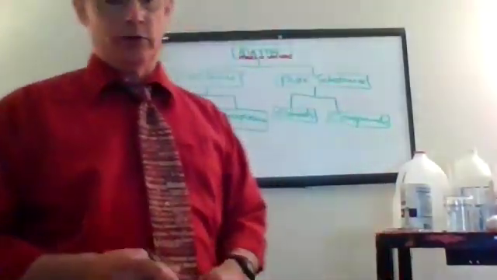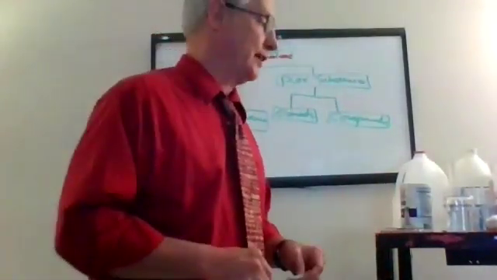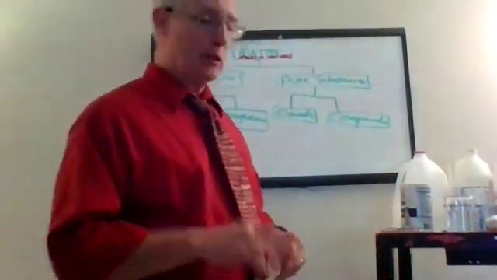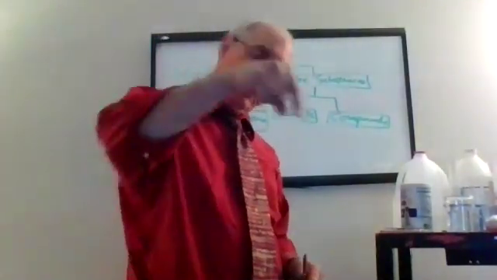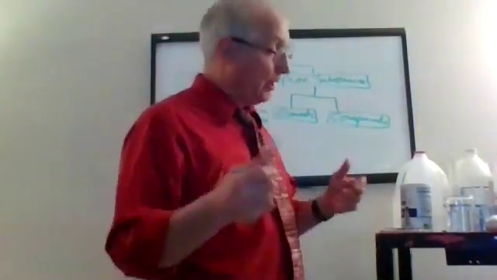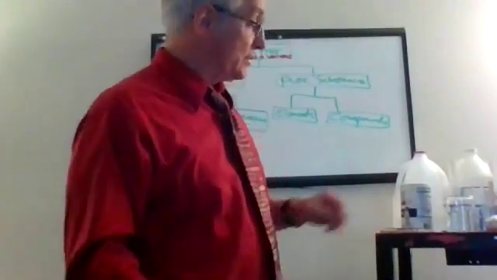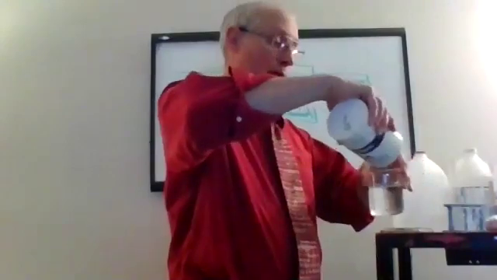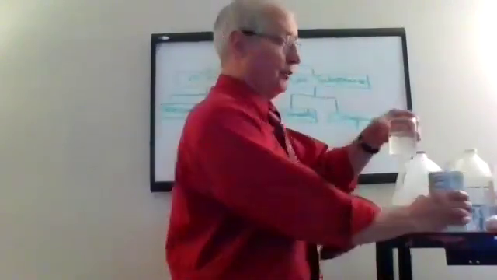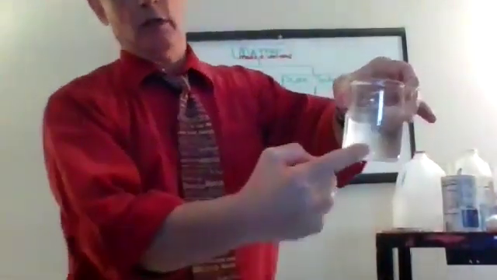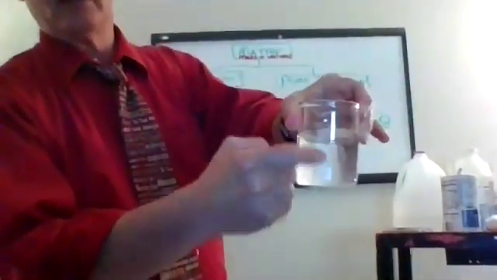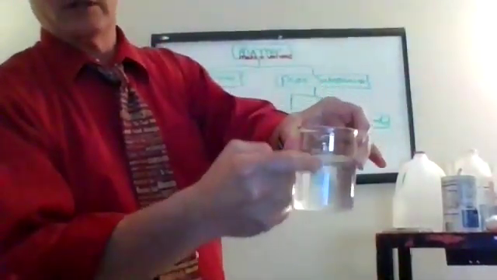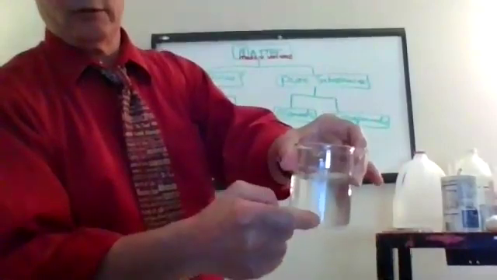Now, compounds. In your book, they talk about salt, baking soda, and sugar, composed of elements, atoms of elements. Atoms are one singular unit of an element. Okay, let's go ahead and take salt and put it in water. There we go. Now we have salt dissolving in the water. That forms a compound or a mixture of compounds.